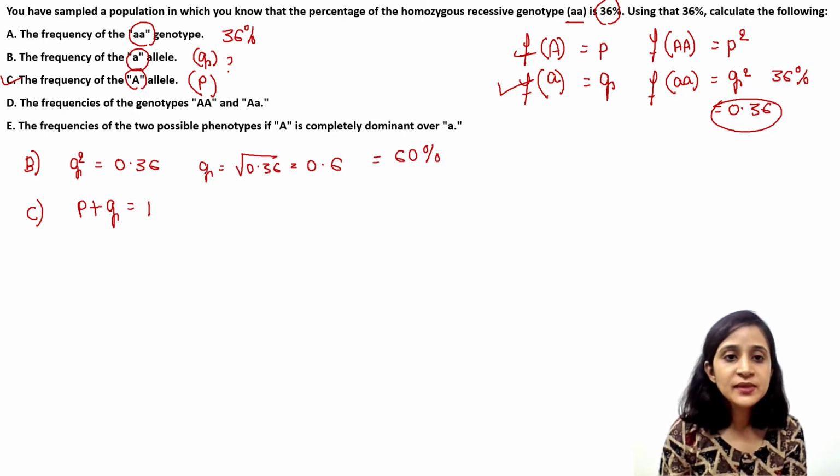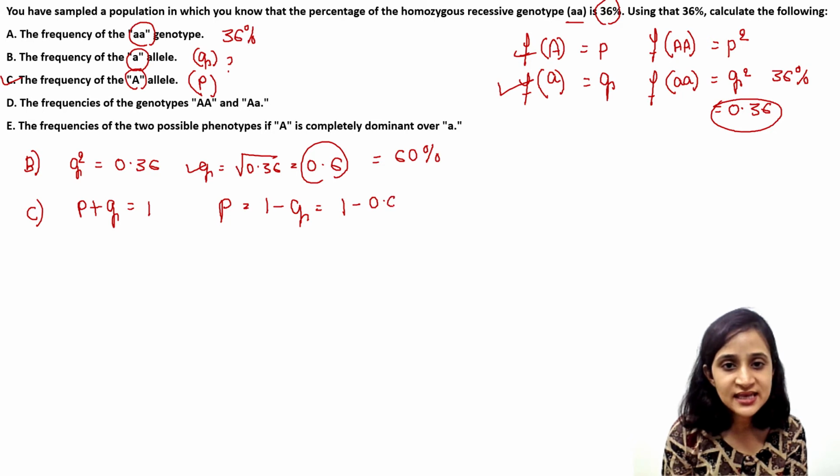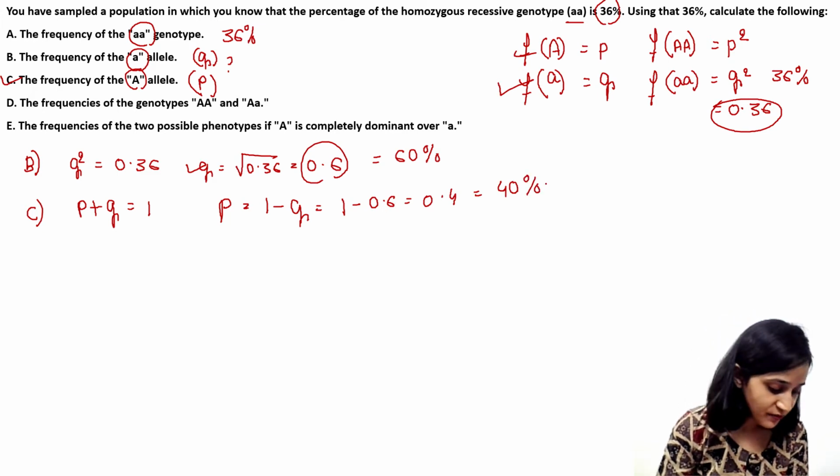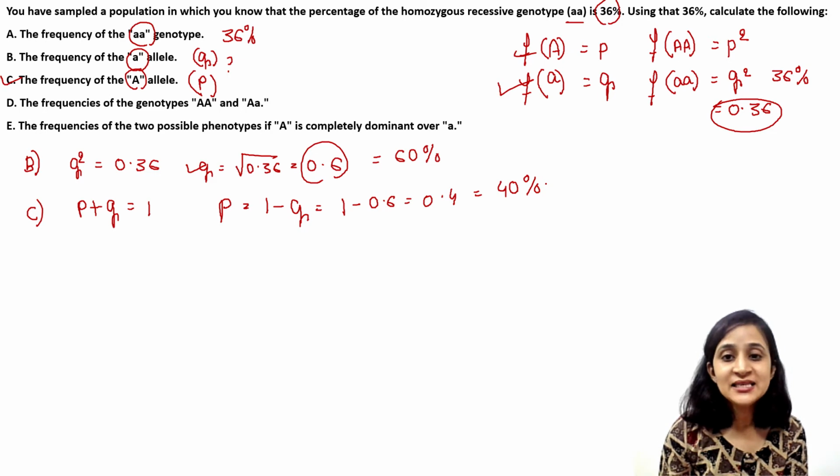And here q is given, that is 0.6. So p is equal to 1 minus q, that is 1 minus 0.6, that means 0.4, or you can say 40%. So this is the frequency of A, that is 40%. Next question. So A, B, C are solved.